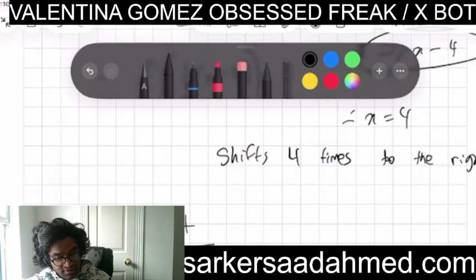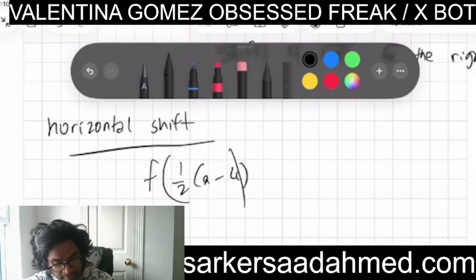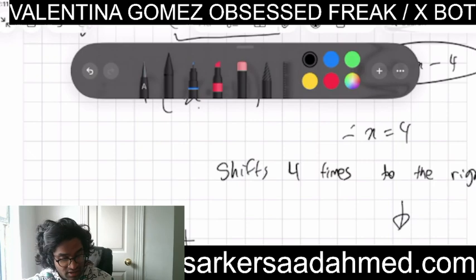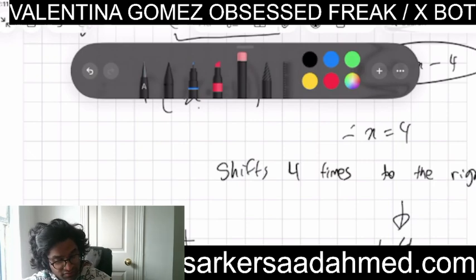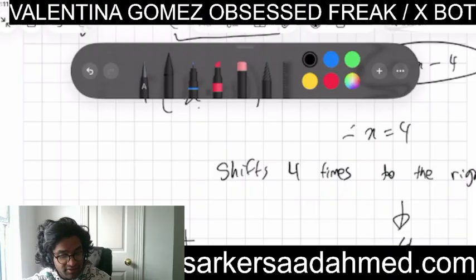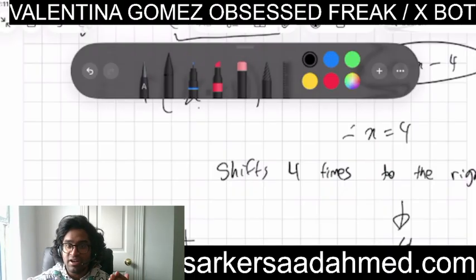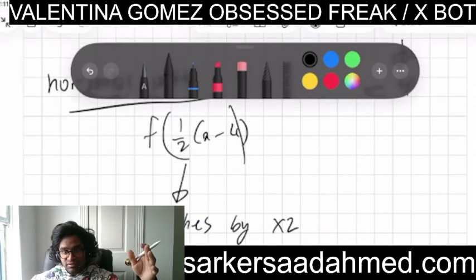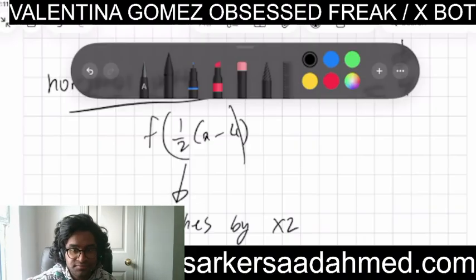We have half x minus 4, but because we have half x, it enlarges by 2 times, so it stretches by 2 times. So x becomes 2x, and here it shifts 4 to the right. So the minus means shift to the right, plus means shift to the left. If you have a half, then it enlarges. If you have a 2, then it compresses, right? So this stretches by 2.